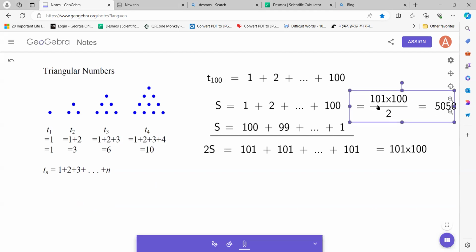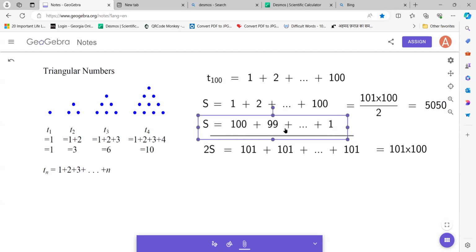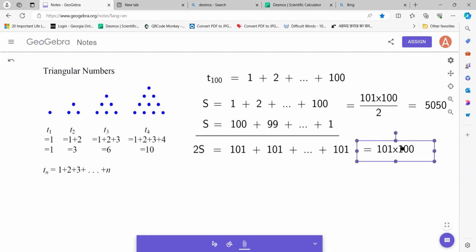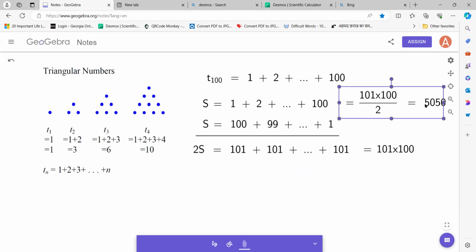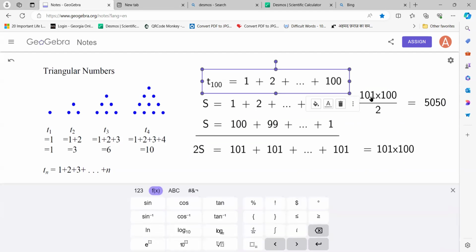That's my answer. So the 100th triangular number is 5050. We used the definition of triangular numbers, the definition of arithmetic sequence, and the sum of the terms of an arithmetic sequence, and we got that T subscript 100 is just 5050.